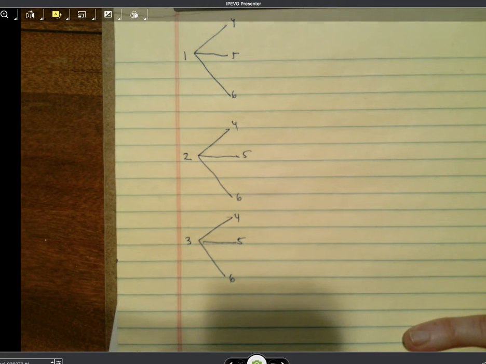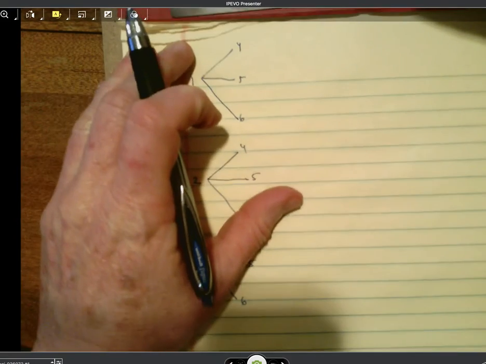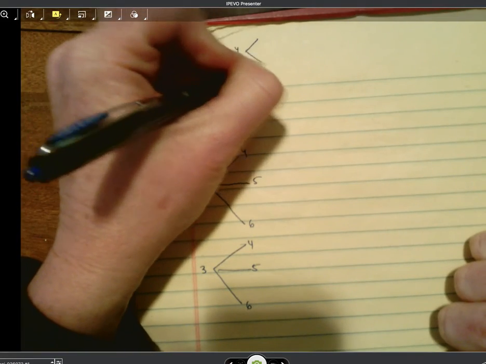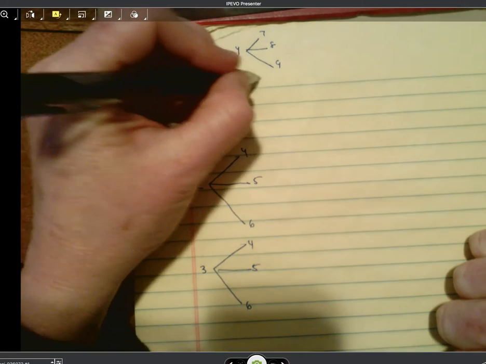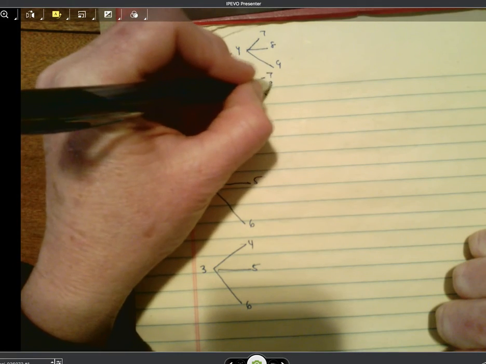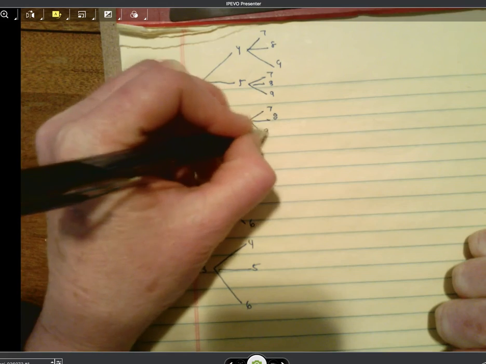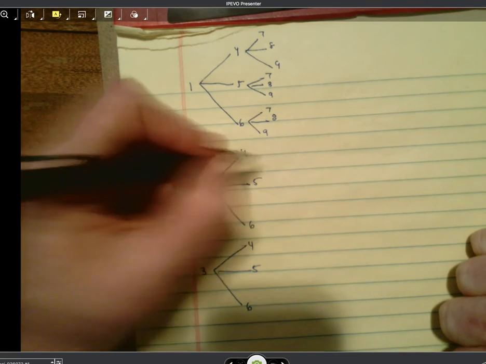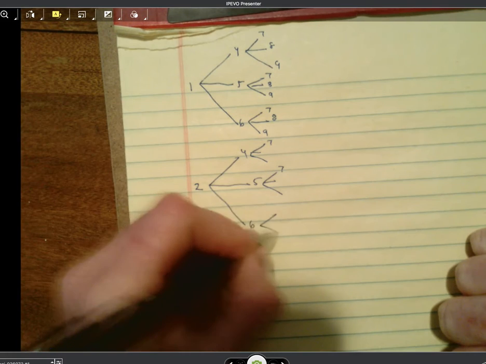The next pile, we can pick a 7, 8, or 9. So there's going to be branches off of these: 7, 8, 9. I'm not going to write all the 7, 8, 9s. I'm just going to draw a branch that starts with 7 because you're going to see a pattern in a second.